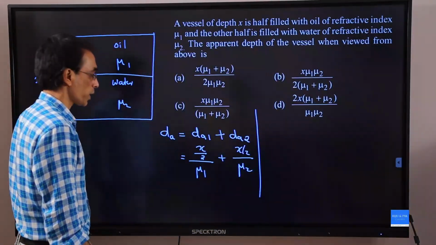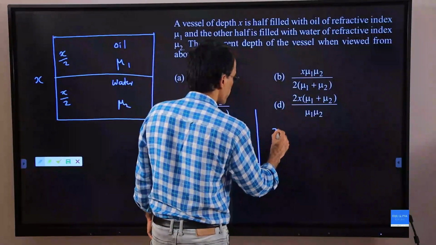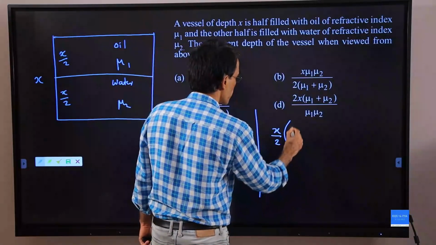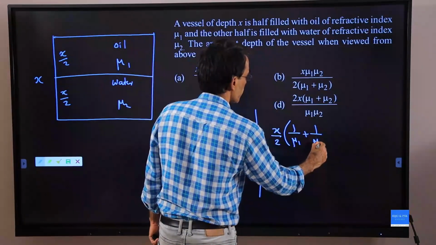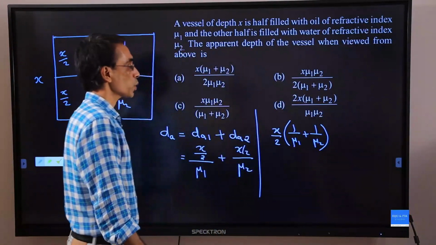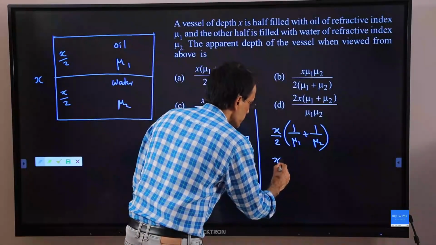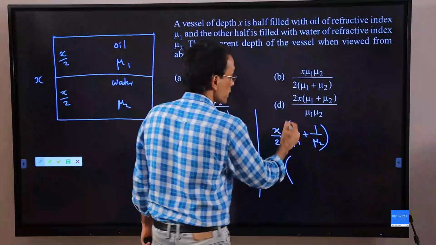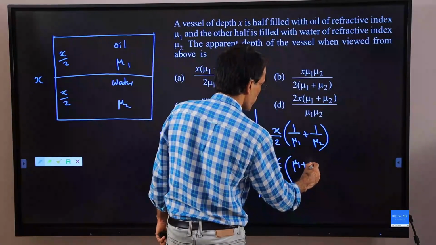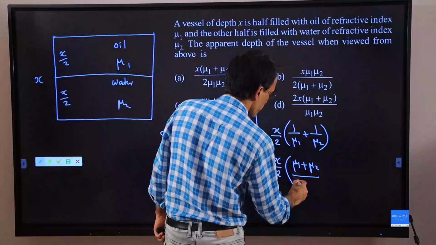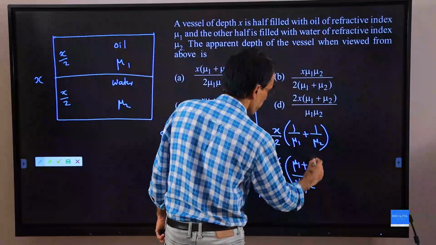Simplify this. Here x by 2 is common, then you have 1 by mu1 plus 1 by mu2. So this gives you x by 2 into mu1 plus mu2 divided by mu1 mu2.